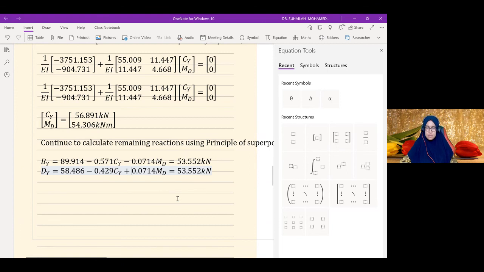Okay, so calculate the dy value. It is 58.486 minus 0.429 times 56.891.